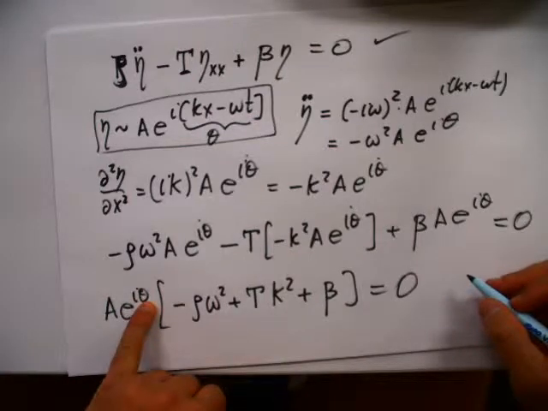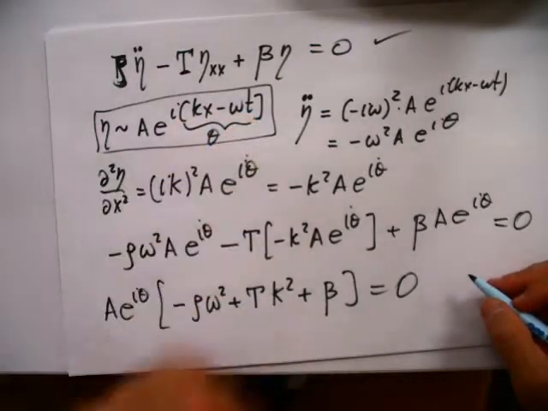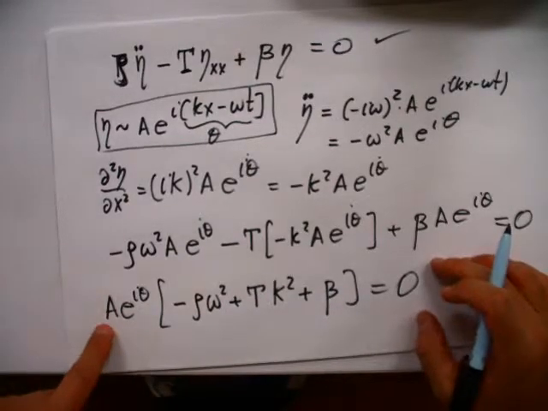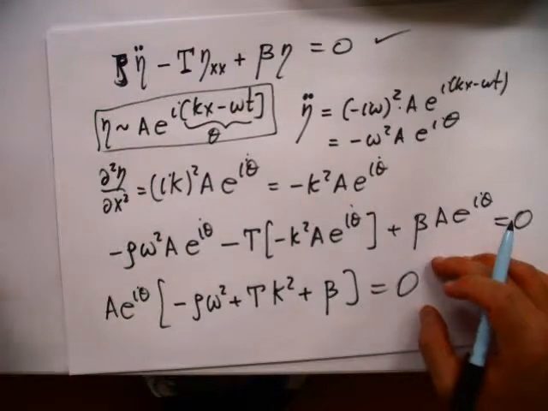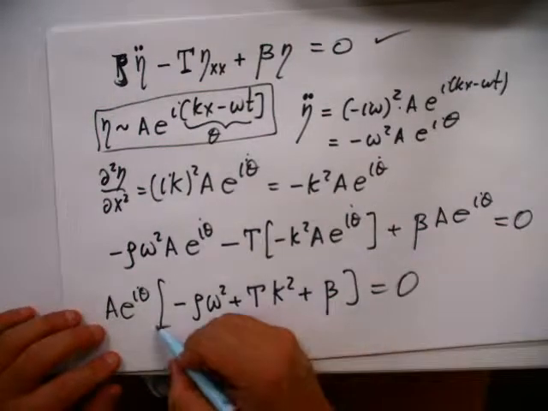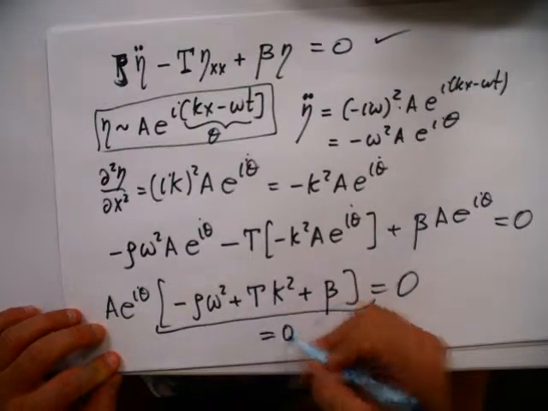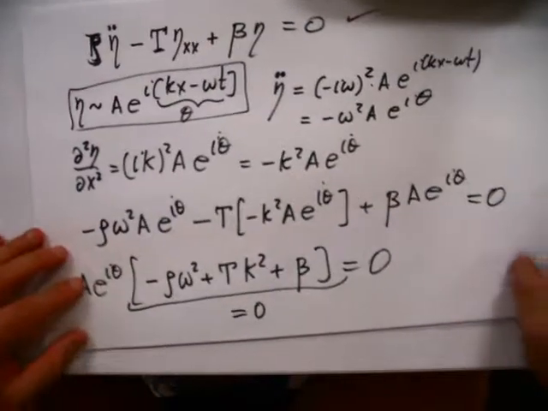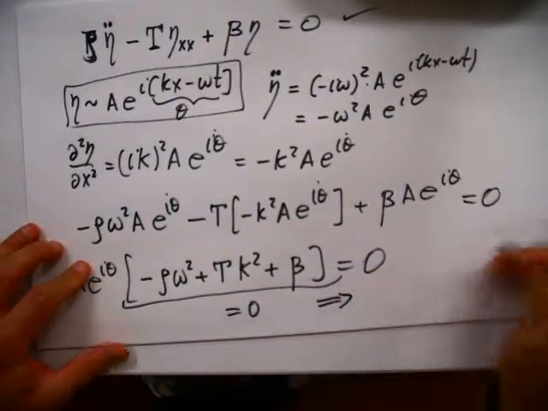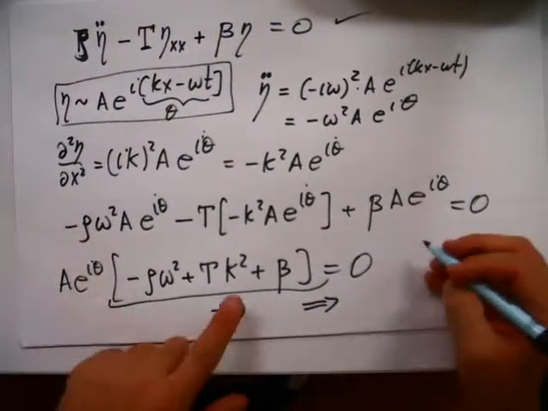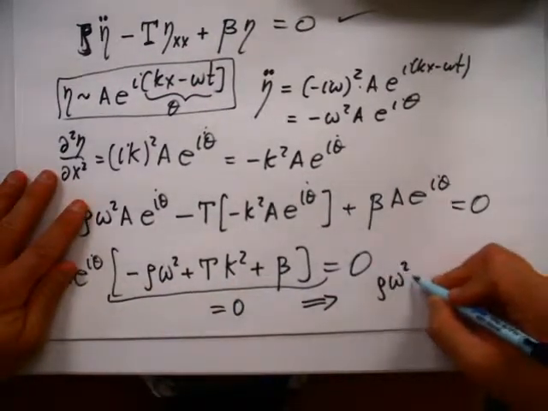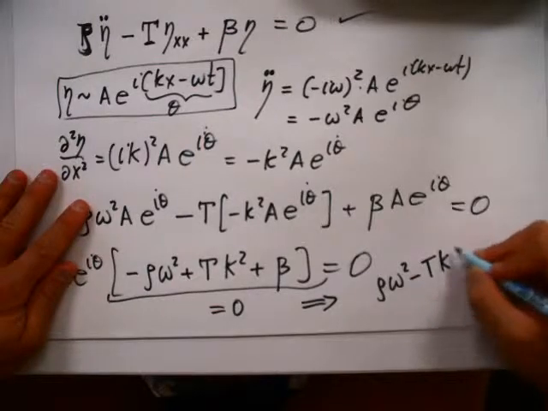And the only way to make this equal to 0 is, either you choose a equals 0, and that's basically the trivial solution, which we don't care about, or you impose that the entire term within parentheses sums up to 0, and that leads to a dispersion relation. So we can impose that rho omega squared minus T k squared minus beta is equal to 0.